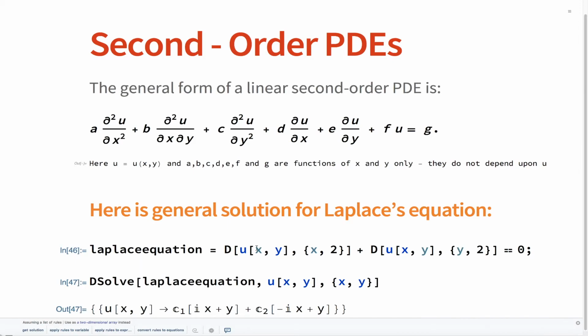So when y will be equal to minus ix plus alpha, when C1 is equal to 0. So these straight lines are called characteristic curves of the PDE. So in general, elliptic PDEs have imaginary characteristic curves.